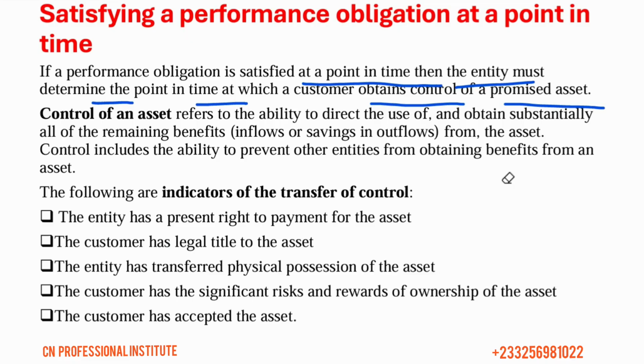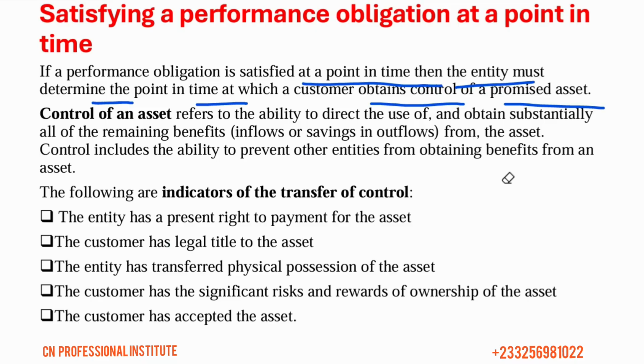But over time, you are not performing your PO at a point in time. It will happen over time. An example is you go into a contract with a customer to perform service, after sales service for the customer for 5 years. It doesn't happen at one point in time, it happens over time.